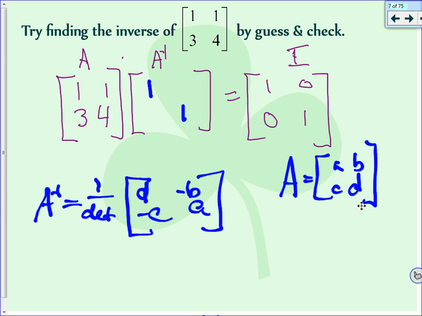And then if we negatize the other side, we get -1, -3. And what's the determinant of that matrix? 1. So it's 1 over 1 times that. Pretty good.